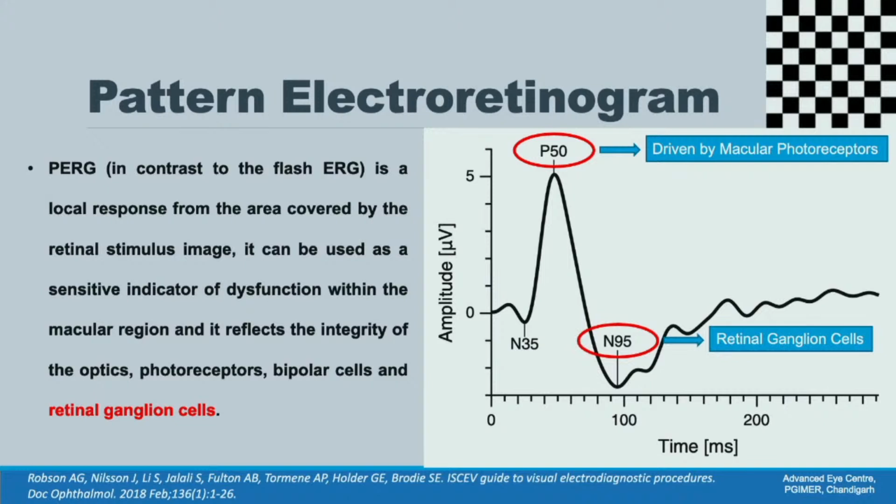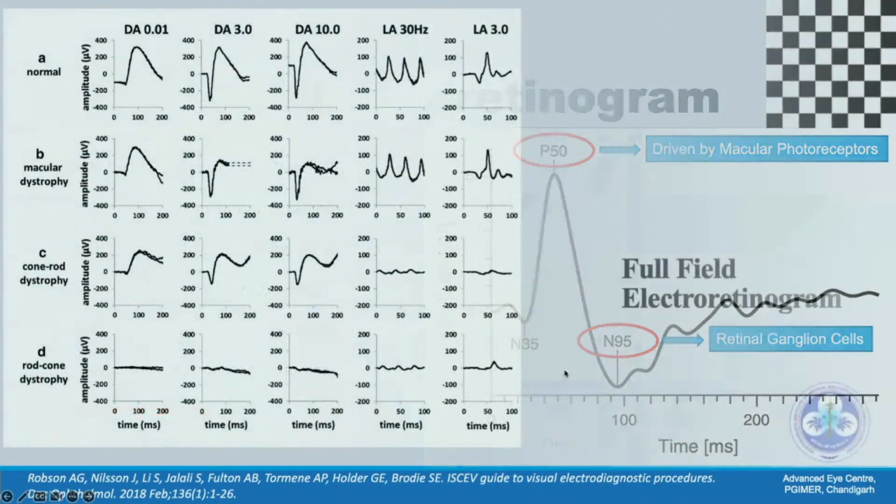So if you have a disorder that is affecting the retinal ganglion cell, you will have a selective loss of the N95, the negative component of the waveform, and the P50 component will remain normal. So diseases like LHON, retrograde optic neuritis, that are going to affect your ganglion cells, will selectively affect the N95 component of your pattern electroretinogram.